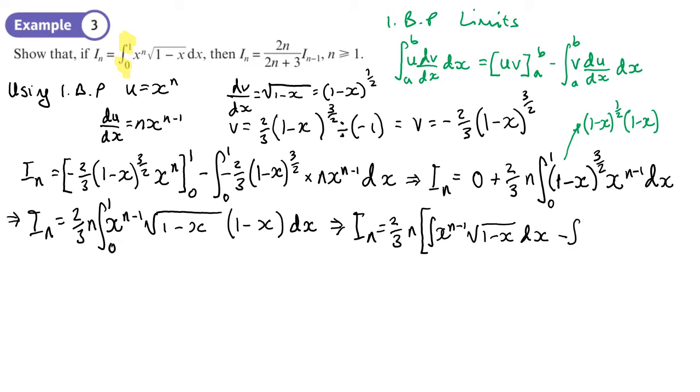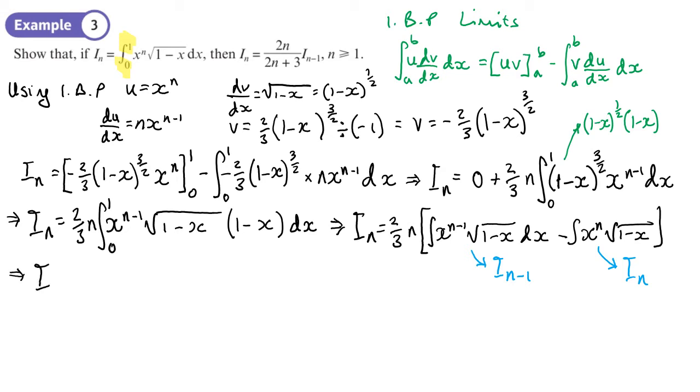Then minus all of this times by x. Now if I times it by x, then this becomes x to the power n. So it becomes x to the n square root 1 minus x. Now you can probably see what's happened here. This integral here is I sub n minus 1, and this integral here is I sub n.